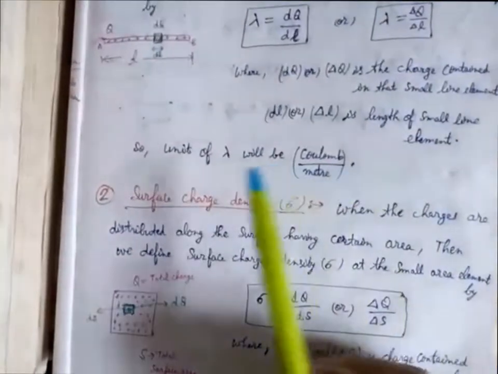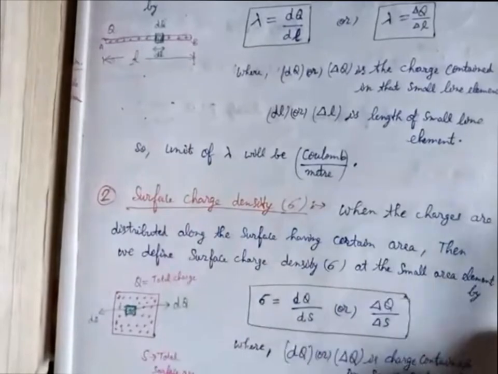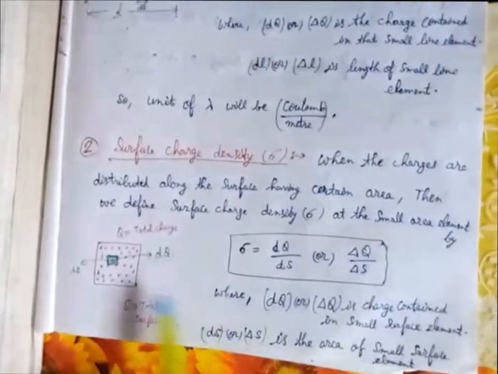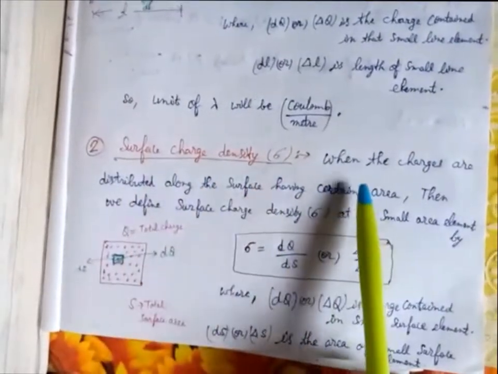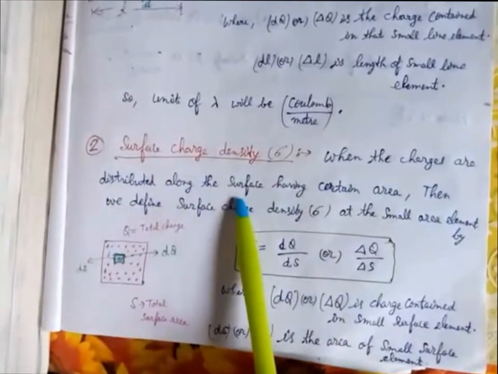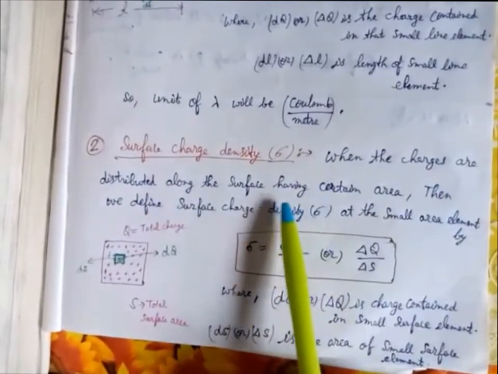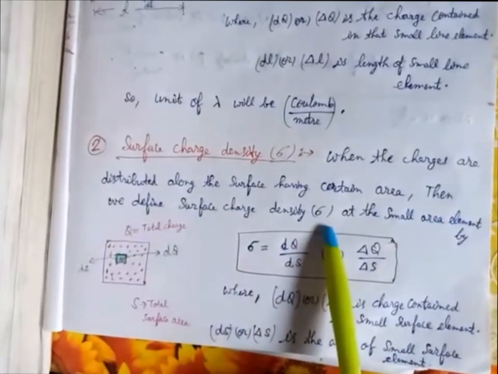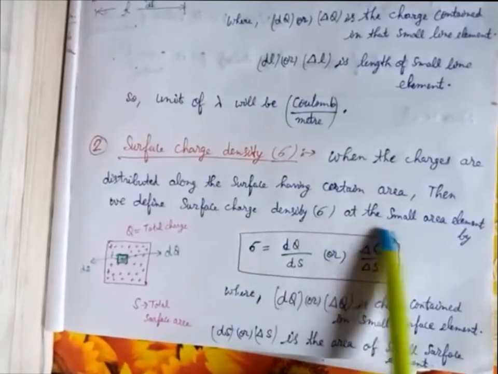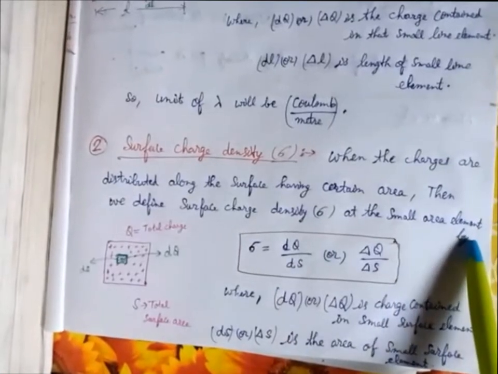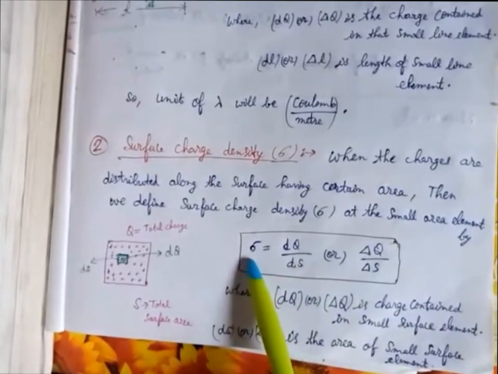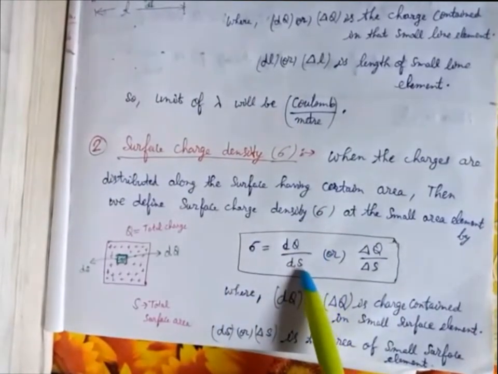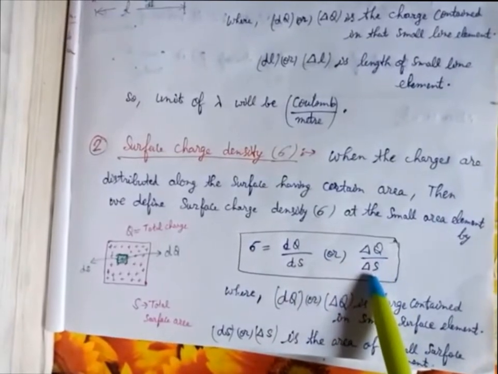So the next formula is surface charge density. When the charges are distributed along a surface having a certain area, then we define the surface charge density, that is sigma, at a small area element, given by sigma is equal to dq by ds or delta q by delta s.